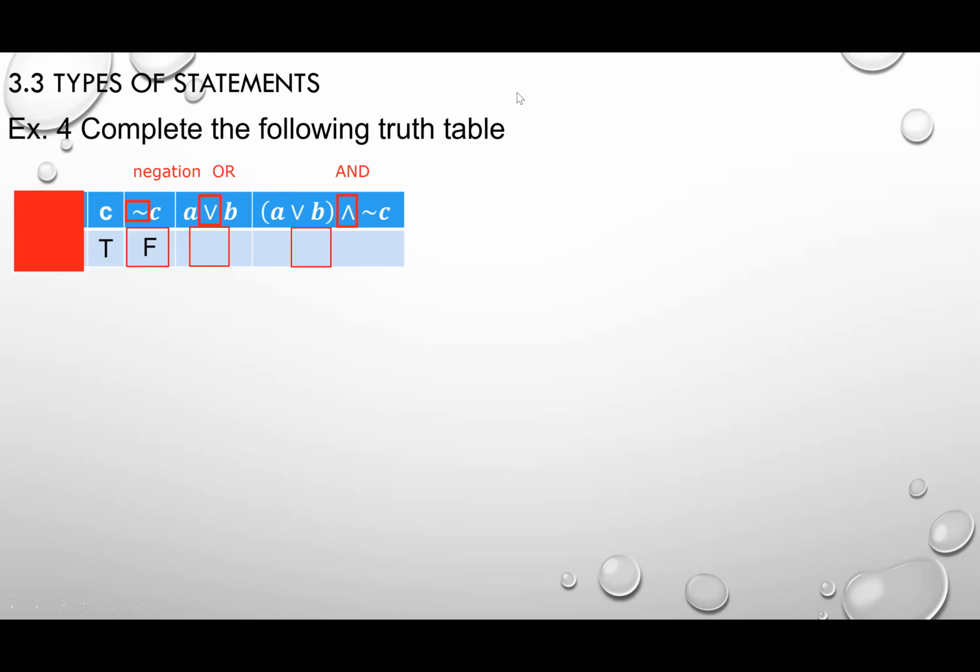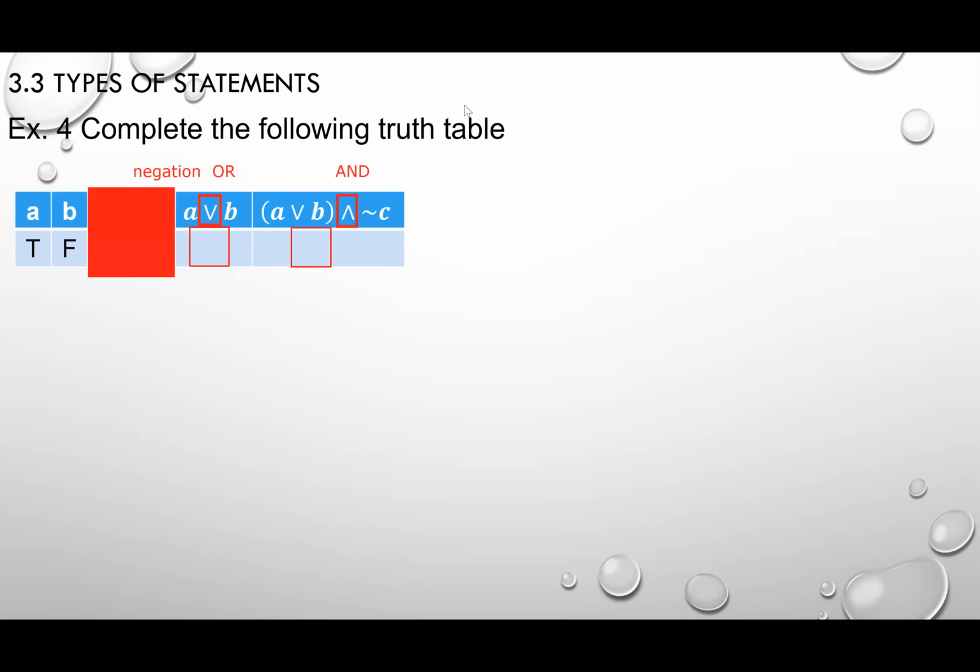And now, how do I find this item here? Well, this item tells me to look at A and B, or in terms of this, A or B. So what is the OR criteria?